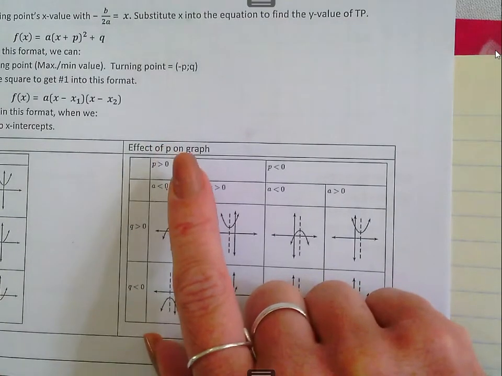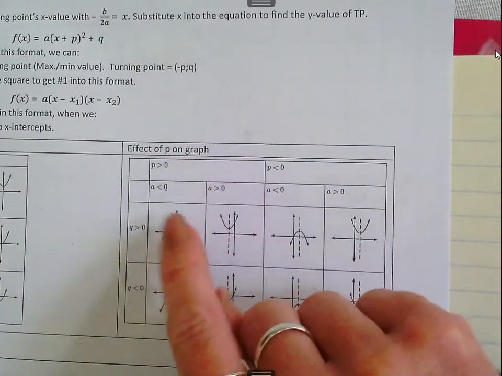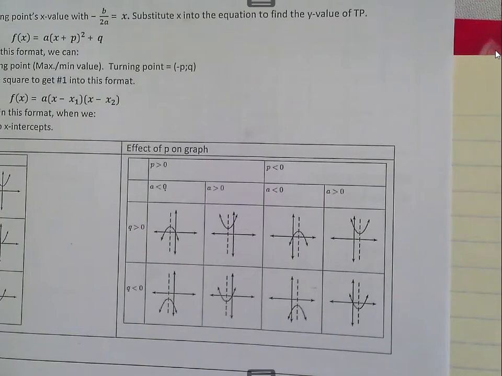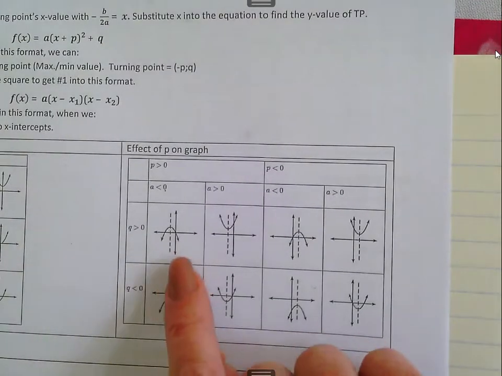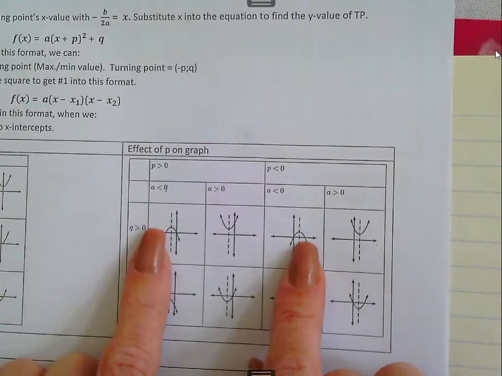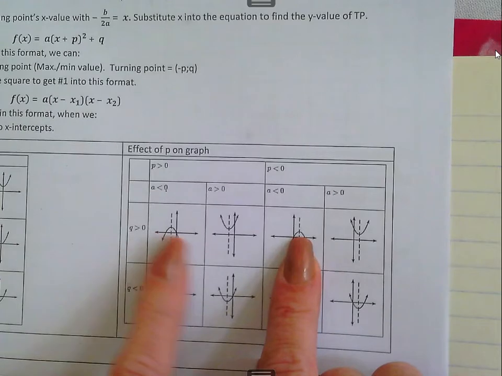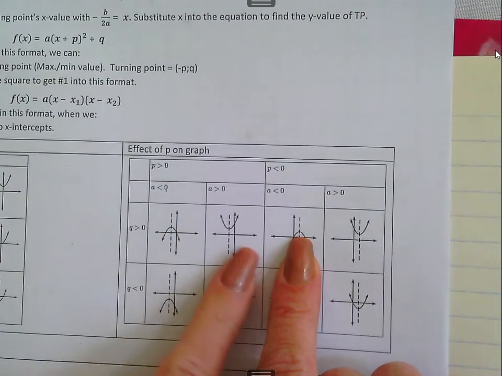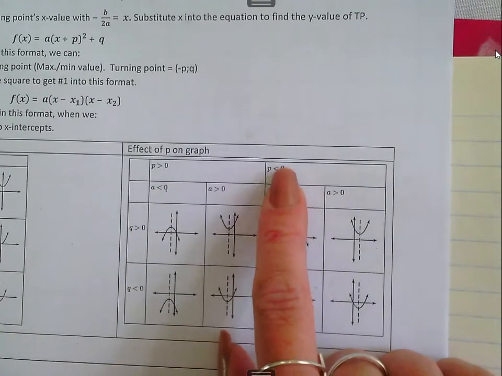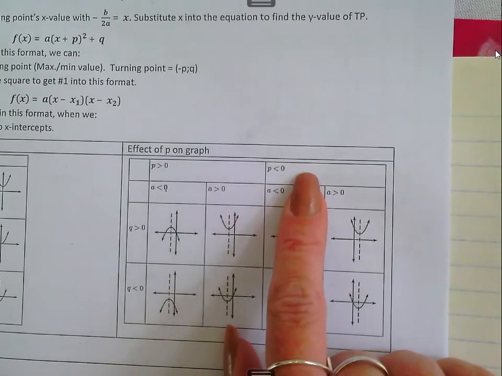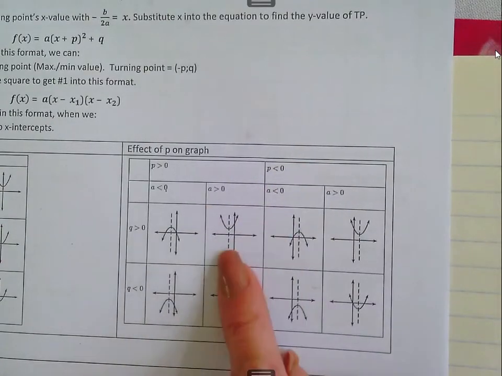If P is positive, greater than 0, it's going to move to the left. When P is negative, it's going to move to the right. Look at those, compare them. P is positive, greater than 0, it's moving to the left with all of them. If P is negative, smaller than 0, it's going to move to the right.